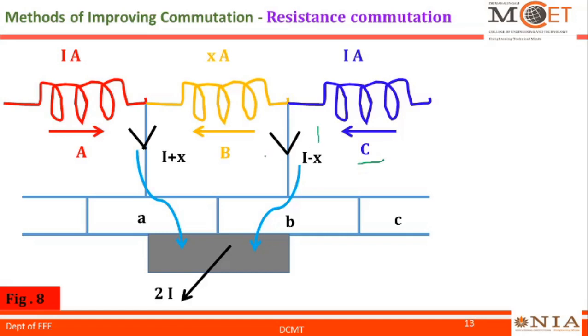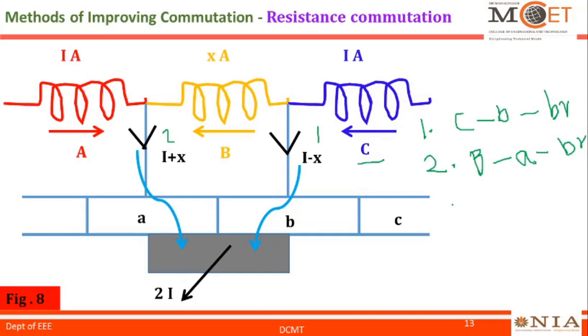Parallel path number 1 goes from coil C to the commutator segment B and C, to the brush. The second parallel path is via the short circuited coil B, because the current direction is reversed, we call it a short circuited coil, and segment A, and to the brush.